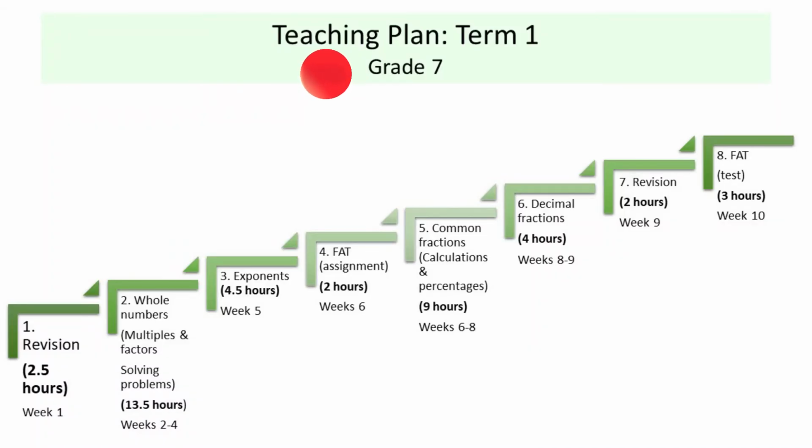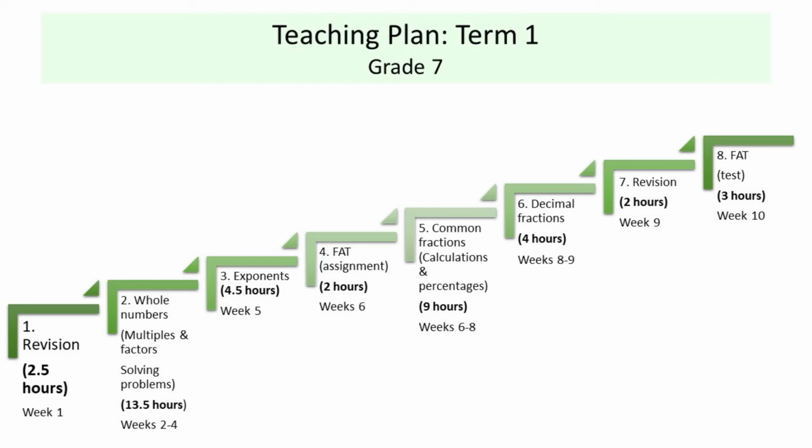The topics to be dealt with in Term 1 for grade 7 are revision, whole numbers, multiples and factors, and solving of problems, exponents, formal assessment, which is an assignment, common fractions, decimal fractions, revision, and lastly, a formal assessment in the form of a test.